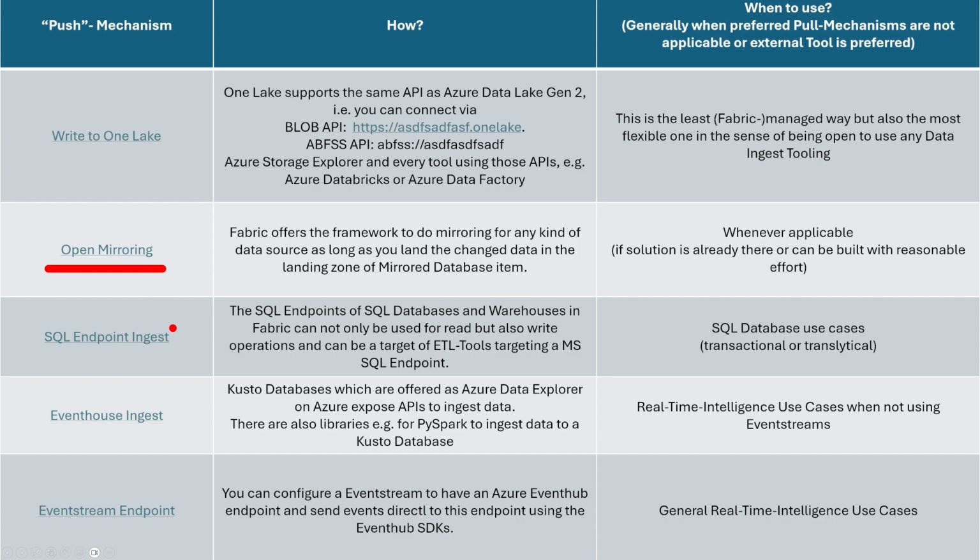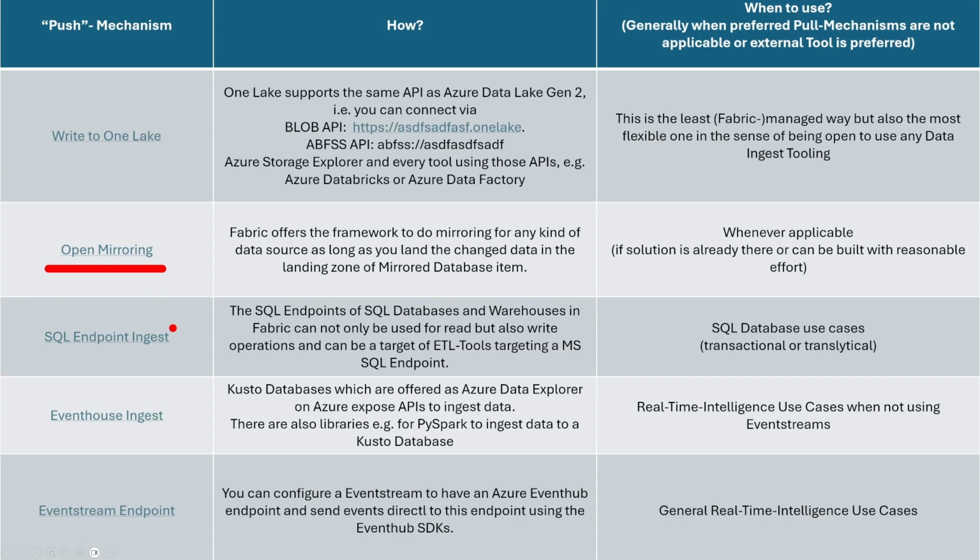The first part is your responsibility. That means you make sure you provide the incremental changes in your data source and land these changes in a specific format in a so-called landing zone of a mirrored database item.